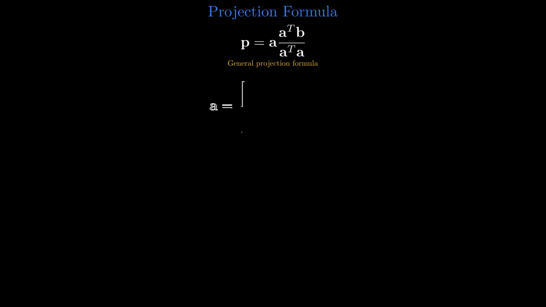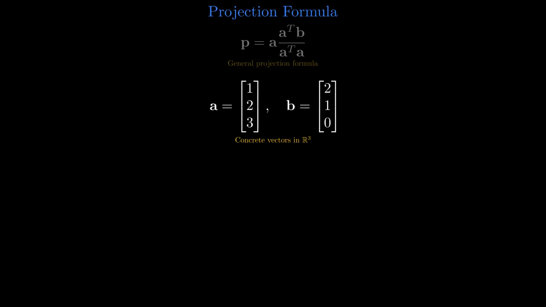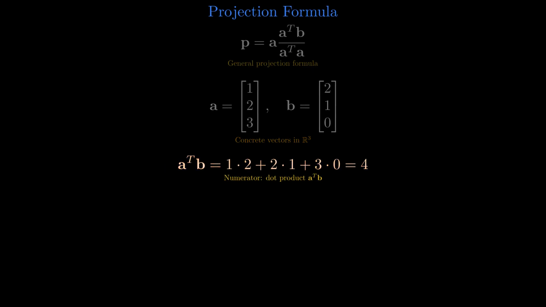Let's run a concrete example to see this in action. Take A equals the column vector 1, 2, 3, and B equals the column vector 2, 1, 0. First, compute A transpose B. 1 times 2 plus 2 times 1 plus 3 times 0 equals 2 plus 2 plus 0, which equals 4.